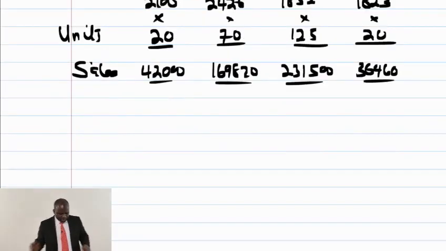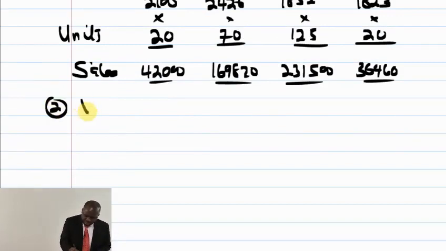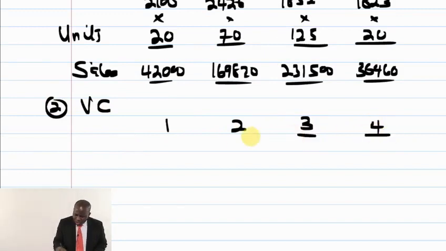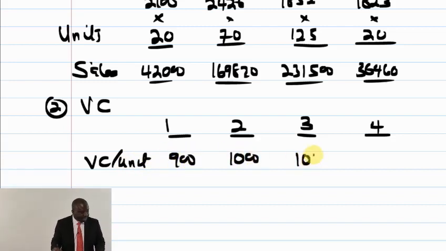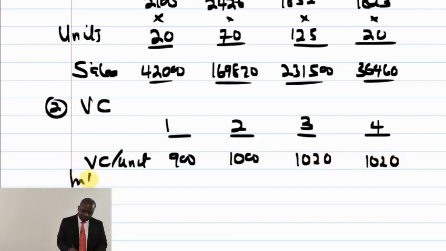So I go down there quickly, and I will say workings 2 is on variable cost. Year 1, year 2, year 3, year 4. What will be the variable cost per unit? The question gave us 900, 1,000, 1,020, and then 1,020. We also have to inflate the variable cost.